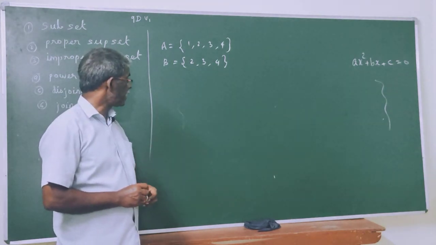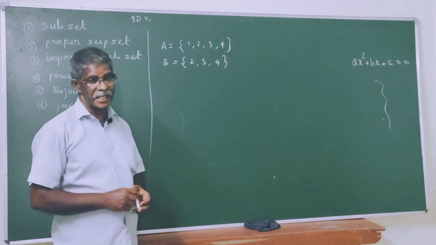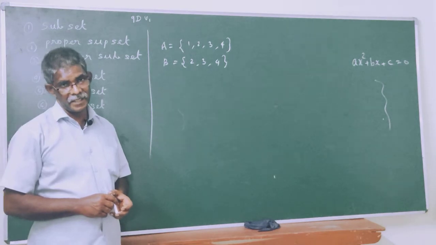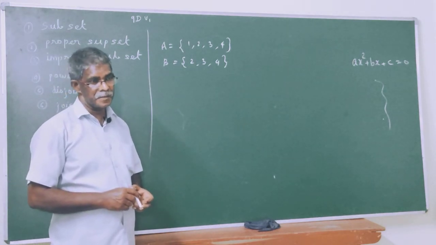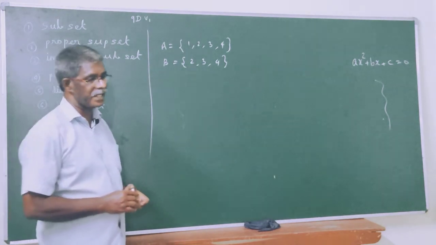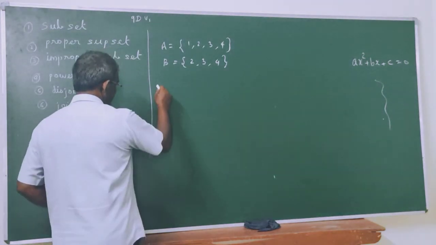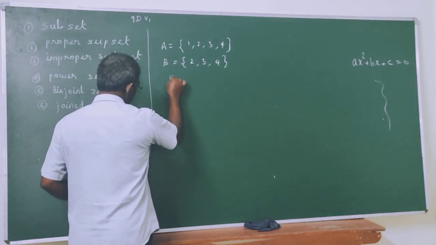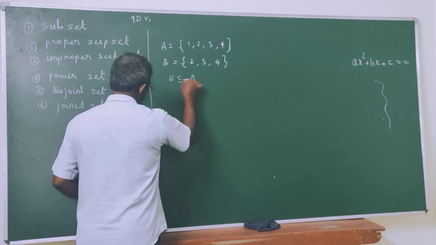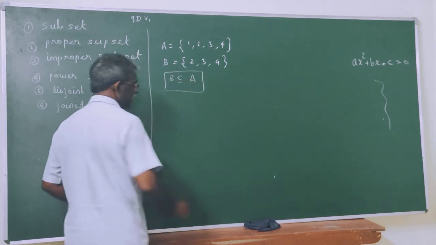Then all the elements of B are contained in set A. That's why B is a subset of A. It can be denoted by B ⊂ A.